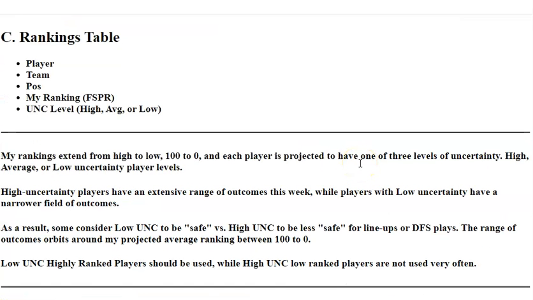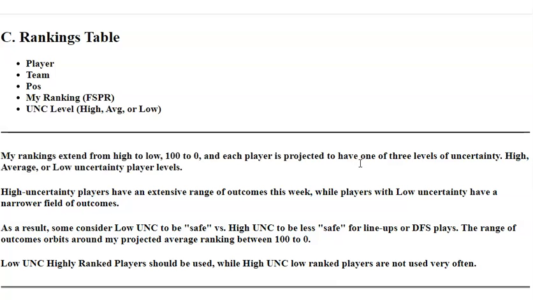Okay, so if we think about uncertainty, high uncertainty players have a big floor to ceiling, a big range of outcomes possible. Low uncertainty players have a tighter, narrower range of outcomes. So there is this concept of safe. Low uncertainty players would be, quote, safe, and high uncertainty players would tend to be less safe for lineups, acquisitions, trades, daily fantasy sports and whatnot.